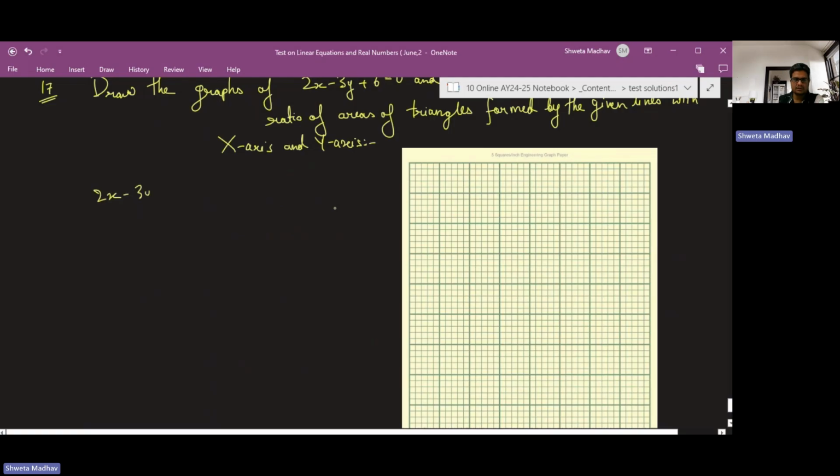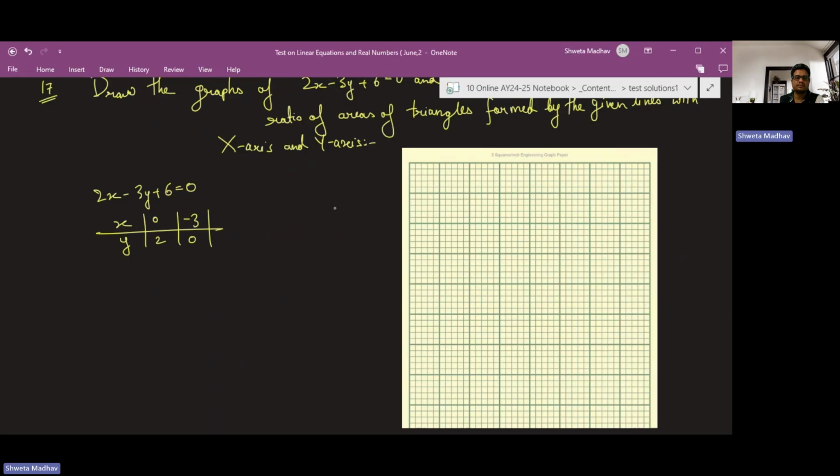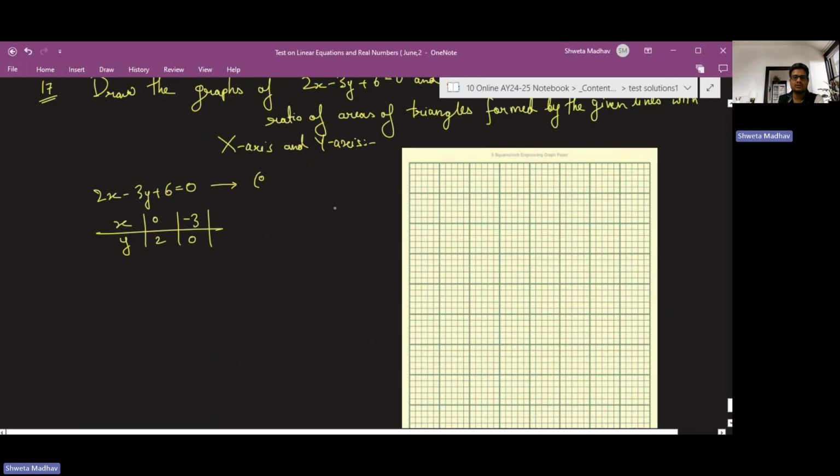For 2x minus 3y plus 6 equal to 0, you have to find at least two values of x and y. If I put x equal to 0, then y will become 2. And if I put y as 0, then x should be equal to minus 3. So in this line, we can plot two points: one is 0, 2 and one is minus 3, 0.